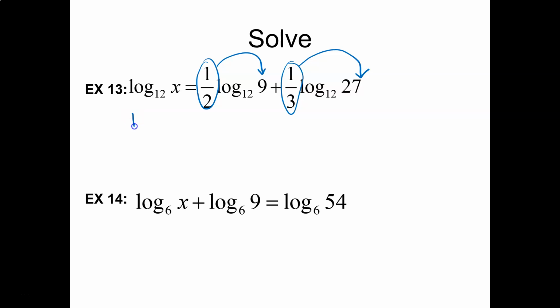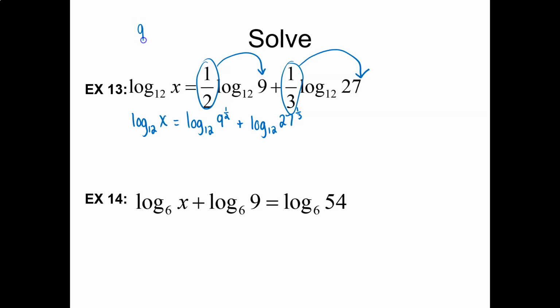Okay? So, I've got log base 12 of x equals log base 12 of 9 to the 1/2 plus log base 12 of 27 to the 1/3. Ooh, here we've got those fractional exponents again. They keep popping up, right?